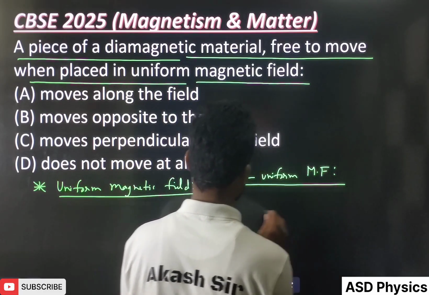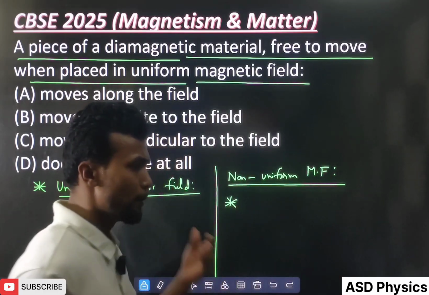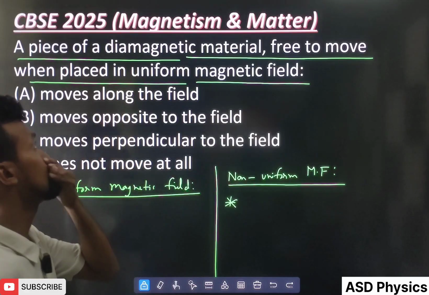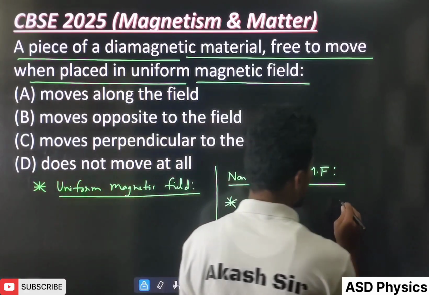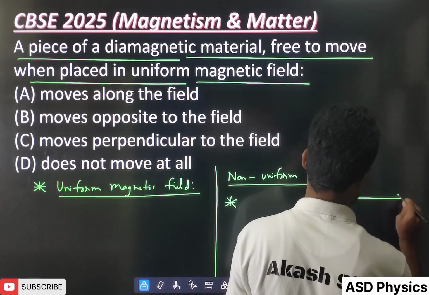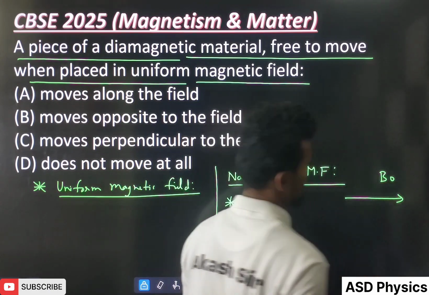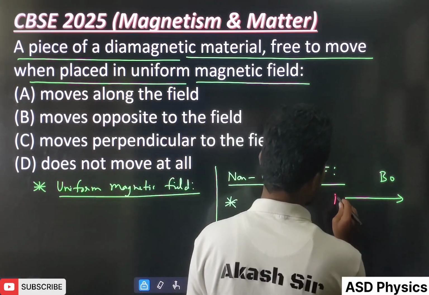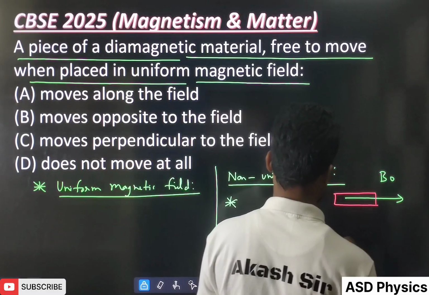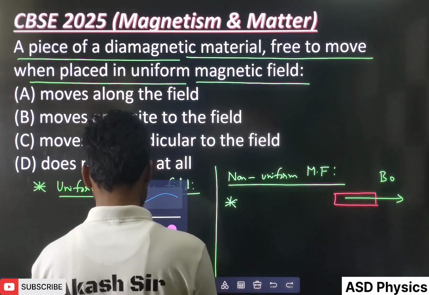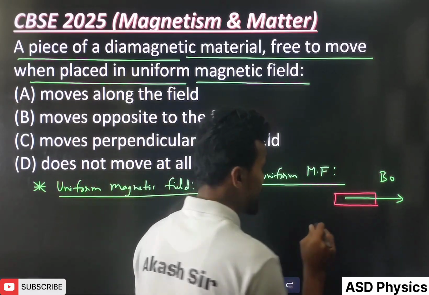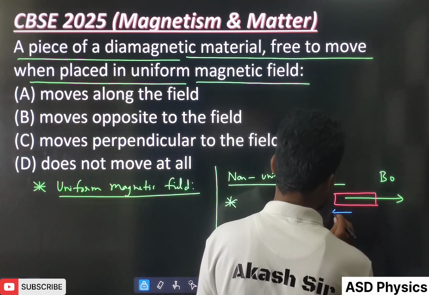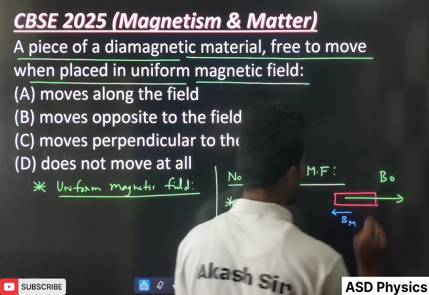Okay, so remember, students, whenever a magnetic field is there and you are keeping one diamagnetic substance, let's take for example in this direction one magnetic field is there, the external magnetic field. What will happen? You have kept one diamagnetic substance, so the diamagnetic substance will induce one magnetic field in the opposite direction of the existing magnetic field.